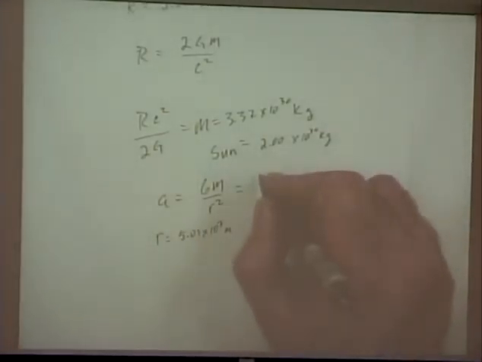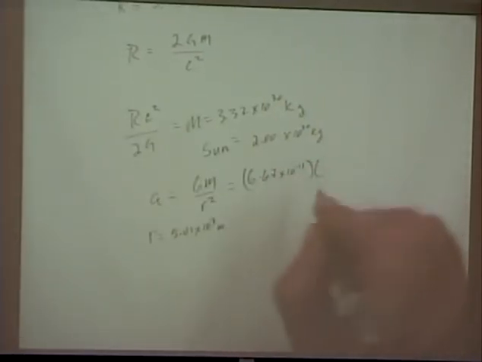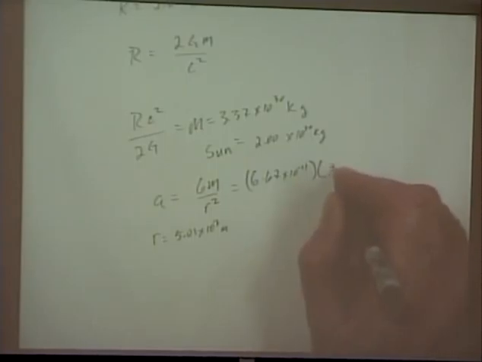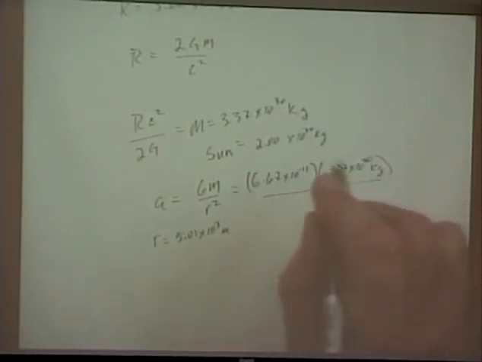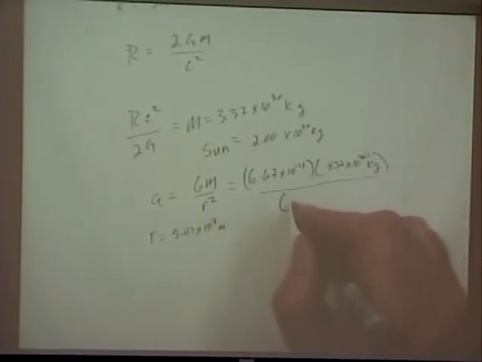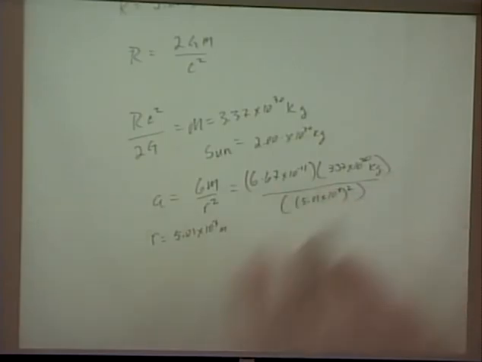Basically all you've got to do is 6.67 times 10 to the negative 11, and remember, I do all these in parentheses, times 3.37 times 10 to the 30th kilograms, and then divided by, in parentheses, 5.01 times 10 to the third, close my parentheses and square it, close my parentheses again.